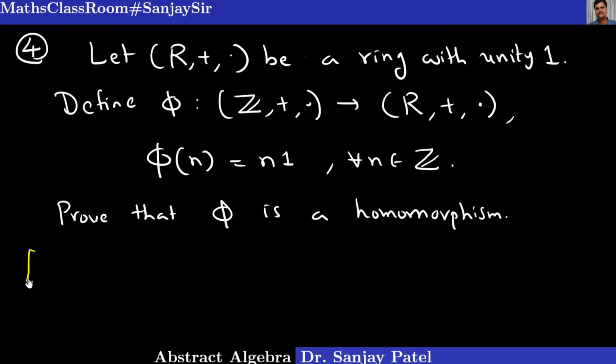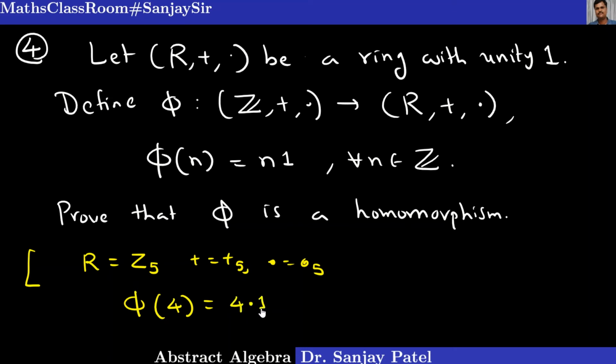Suppose I take the ring R as Z5, and the operation plus and dot is plus 5 and dot 5. Then for any element in Z, suppose I take the number 4, then phi of 4 means 4 times 1, and this 1 is the unity element of the codomain ring R, which in this particular case is Z5.